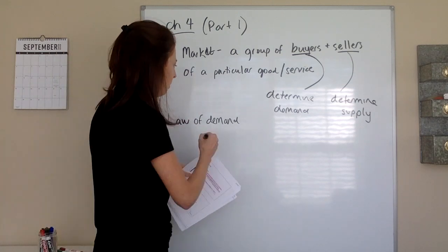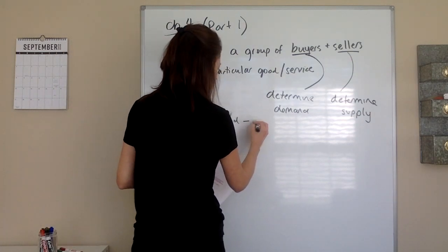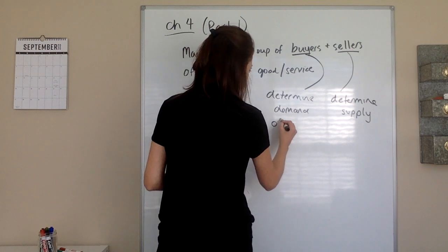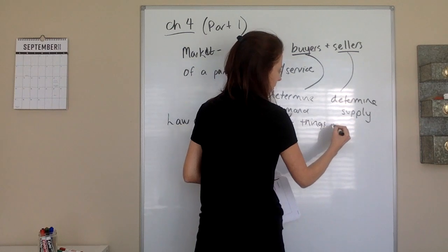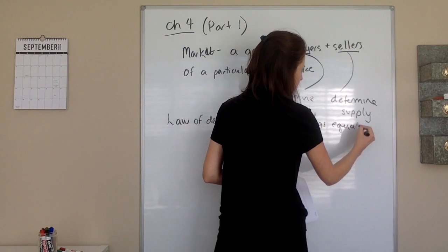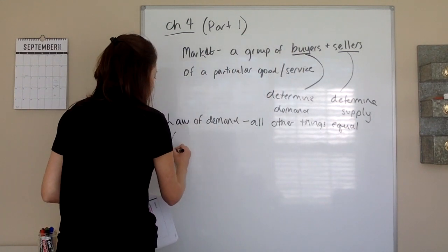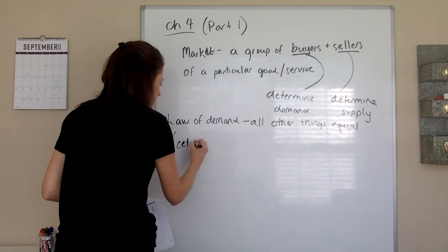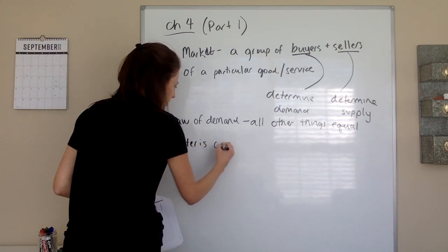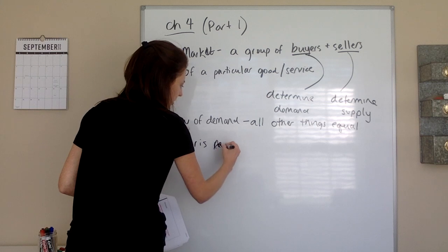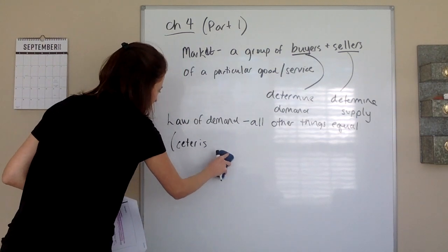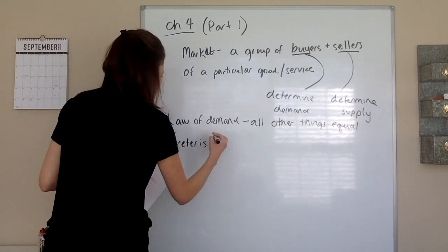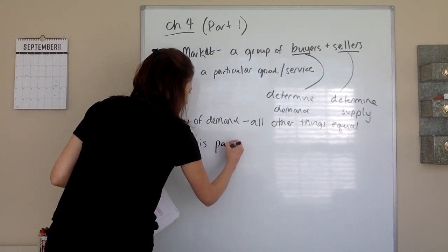So I'm going to write and then we'll return to this. All other things equal, which again is what we call ceteris paribus in economics, which is not English if you're wondering. I'll write this neatly since this may not be in your dictionary. Ceteris paribus.